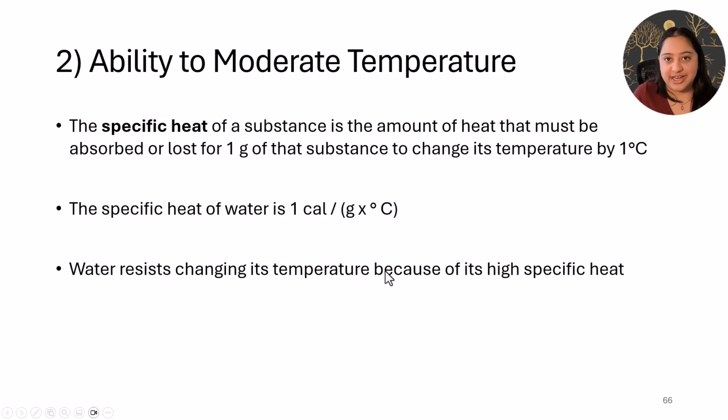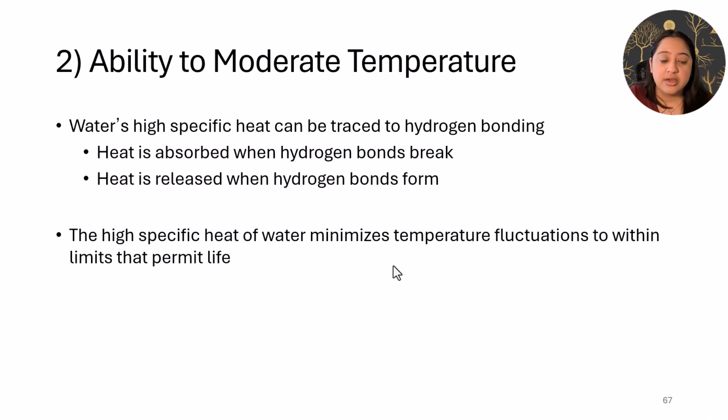So water has a high specific heat, and so water resists changing its temperature. It actually takes more energy to change its temperature compared to other substances. Hopefully that makes sense. And water's high specific heat can be traced to those hydrogen bonds.